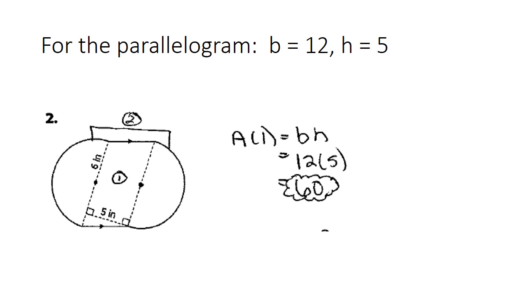So the diameter would be 12. That means the base of that parallelogram would also be 12. The height of the parallelogram is going to be the 5. Notice that that segment is perpendicular to the base, and that kind of clues us in that that would be the height. So 12 times 5 would give us 60 inches squared for the parallelogram.